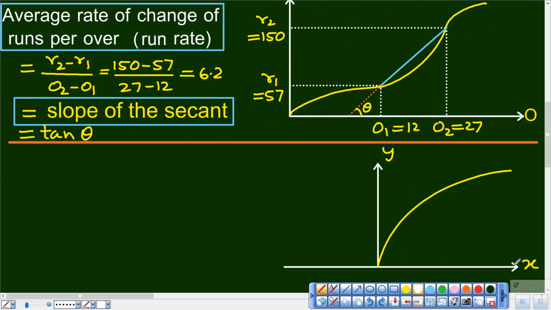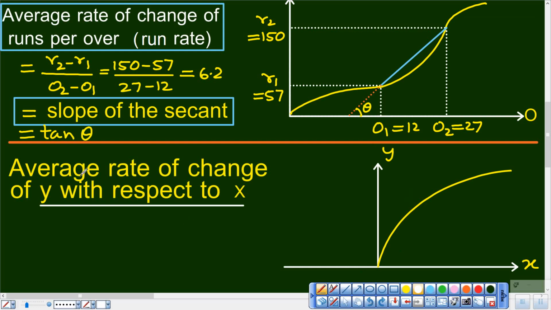So if we want to find the average rate of change of y with respect to x, like runs with respect to overs, let's say that we have one point on this as x1, y1, and another point on this as x2, y2.